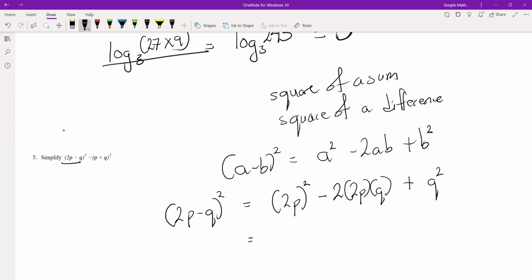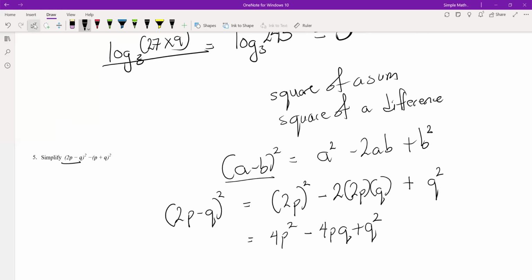This will be 4p squared, 2 times 2 is 4, so it's minus 4pq plus q squared. If you want to be quick, you just have to know that the square of a difference is just going to give you this.